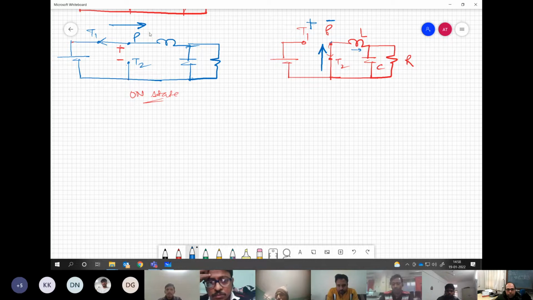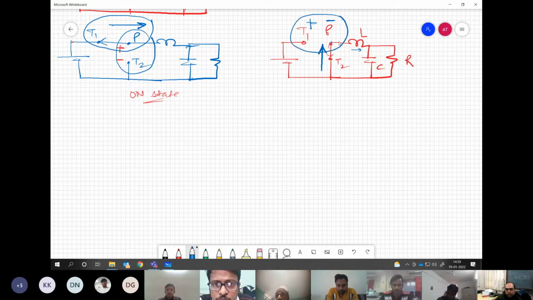Now, if you individually see the switches PT1 and PT2, you will be able to understand which device can be suitable for this operation. So for PT1, we have current conduction in this direction, which is also the polarity of the voltage.